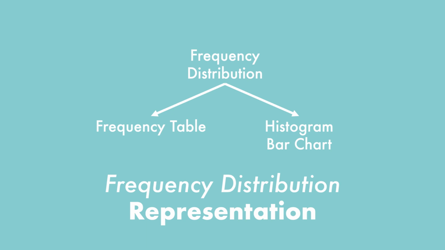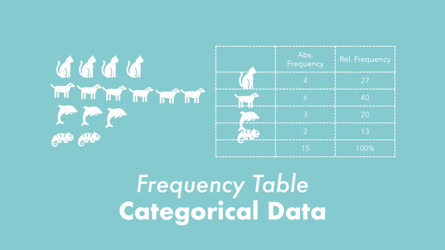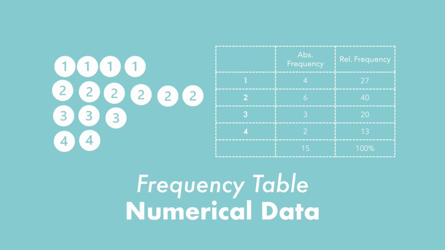Today, we are interested in how we can represent the concept of frequency distribution, either using a frequency table or a graph. Last lecture, we talked about frequency tables and we saw how to apply them to categorical data. But what if I told you you can apply frequency tables also to represent the frequency distribution of numerical data?